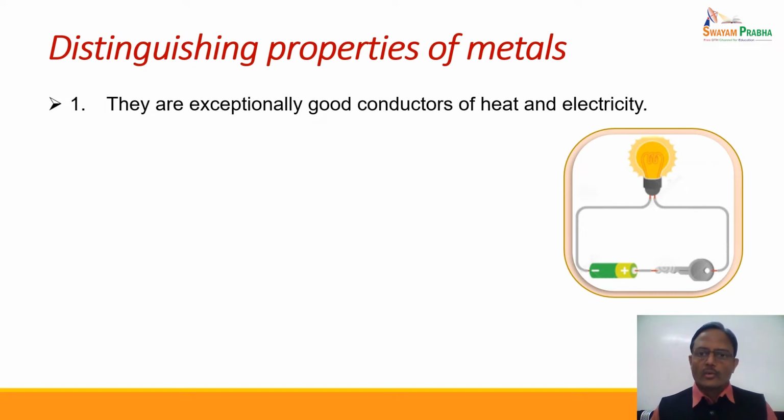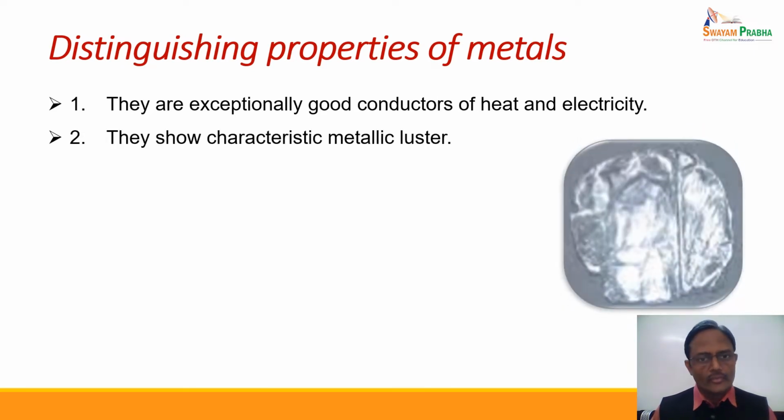As we try to pass electric current through the metals, or if we heat one end of the metal, the second end of the metal undergoes heating. So this is called a good conductor of heat as well as electricity. So most of the metals are known for very good conductors of heat and electricity.